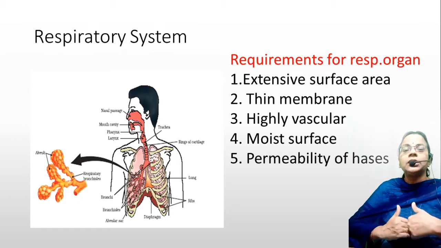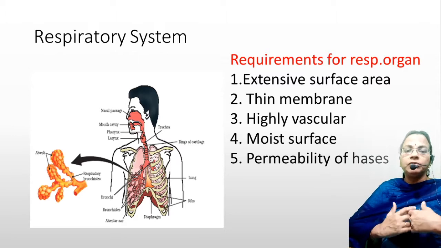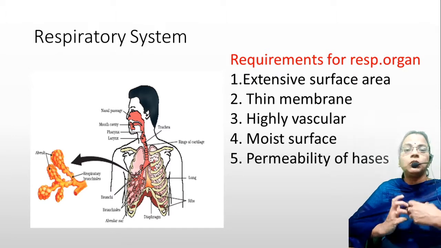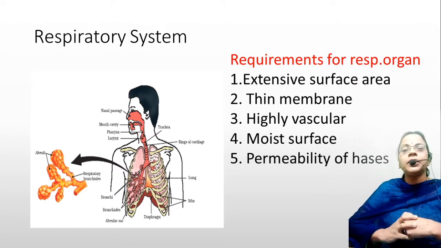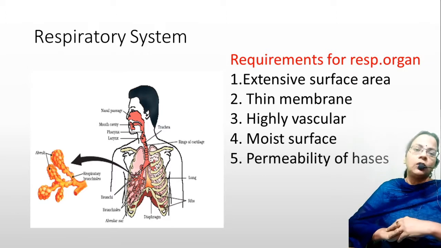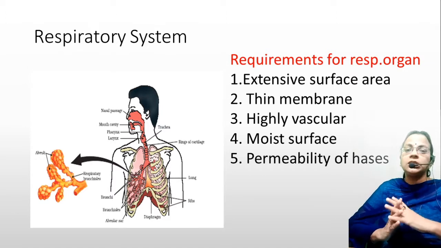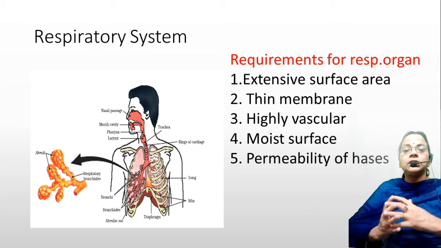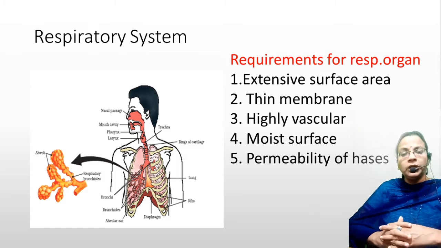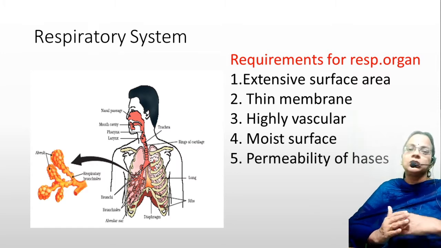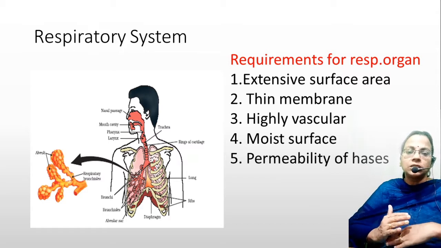Within the blood, the respiratory pigment, that is hemoglobin, is present in the RBC. The hemoglobin binds with oxygen, and this RBC will carry the oxygen to different parts of the body and each cell. When it reaches the cell, what will happen? For this oxygen rich hemoglobin, within the cell the oxygen is less, because there the cellular respiration takes place.